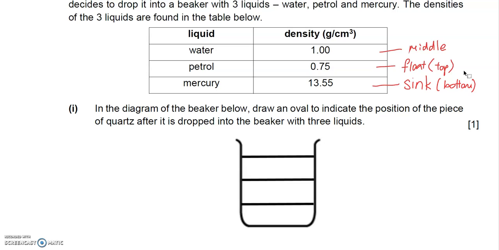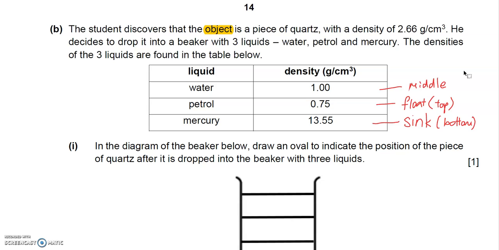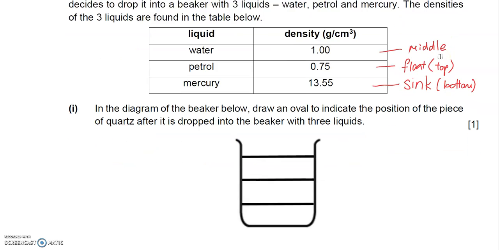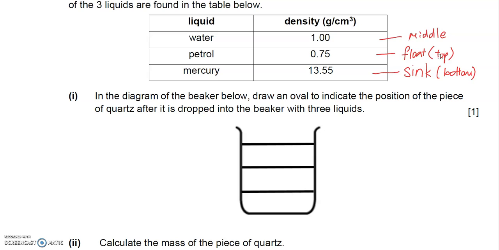Now in the diagram of the beaker below, draw an oval to indicate the position of the piece of quartz after it's dropped into the beaker with 3 liquids. Let's highlight the density of our quartz, which is 2.66 grams per cm cube. It might help if you pencil in the different densities over here.